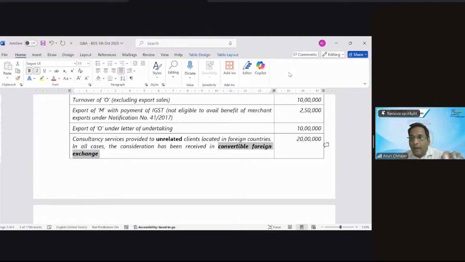Similarly, they are saying the amount is being received in convertible foreign currency. By this they are also saying the condition with respect to realization of the amount in foreign currency is being satisfied. Therefore, it is export of service.